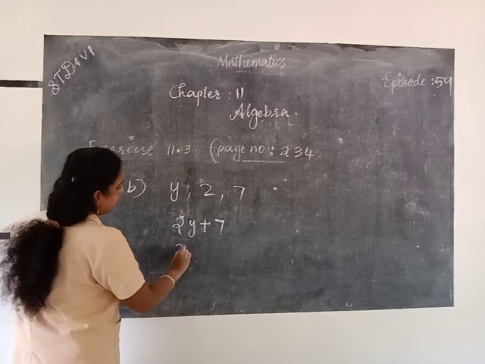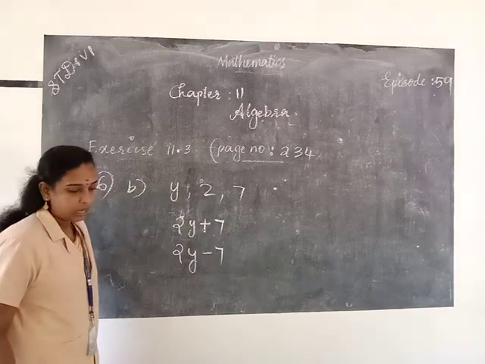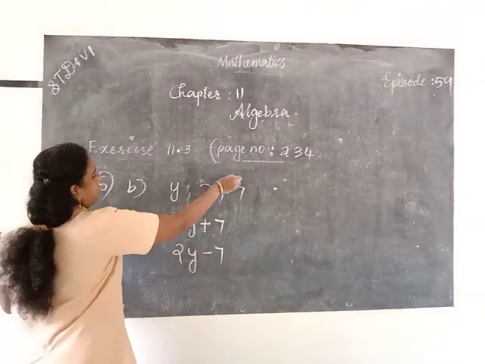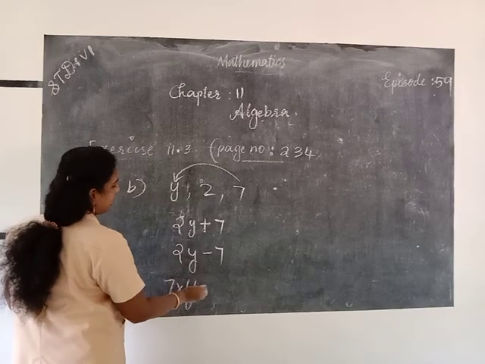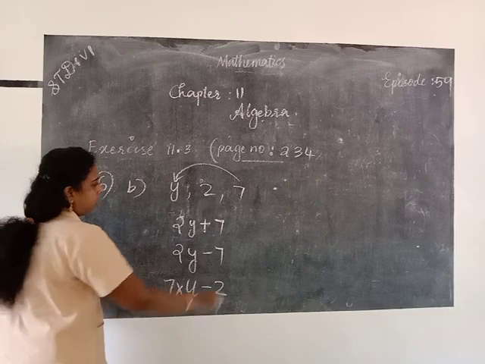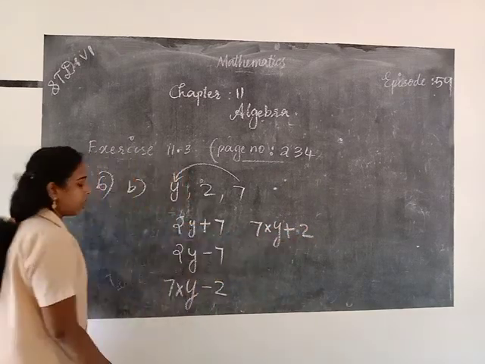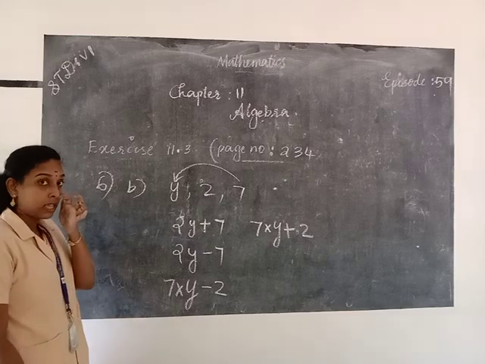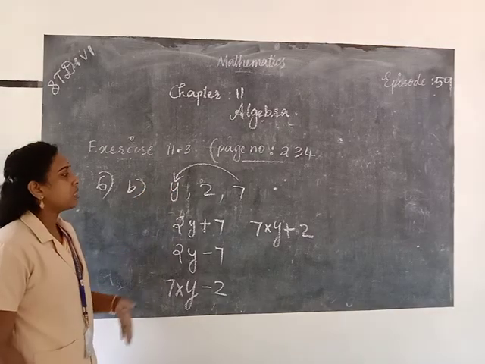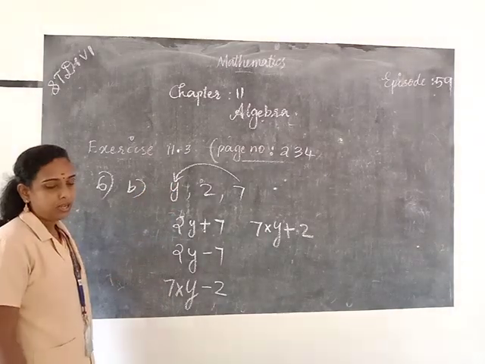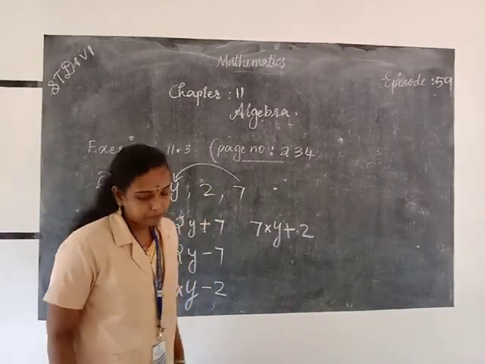Then multiply 2 into y, then subtract 7 from the result. Then 7 into y, then subtract the number 2, or 7 into y plus 2, adding 2 to the result of 7 into y. So in this way we can write expressions by using y, 2 and 7. That's your homework. Okay.